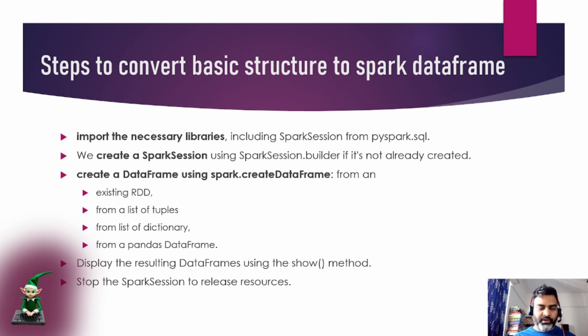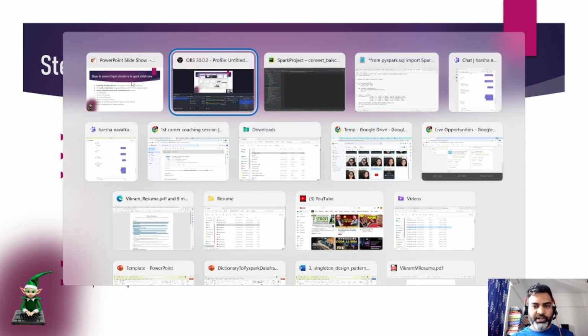So this step would be first importing all the necessary libraries and thereafter creating the Spark session and using that Spark session object to create the data frame. These are the basic steps to create the Spark data frame. So let us go to the code window.